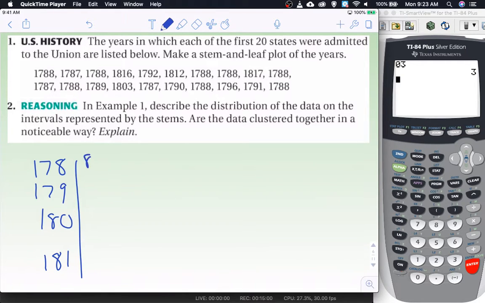So 178, 177, and there's another 8 and a 6, 1792, 1812.